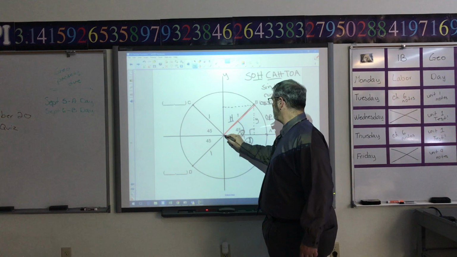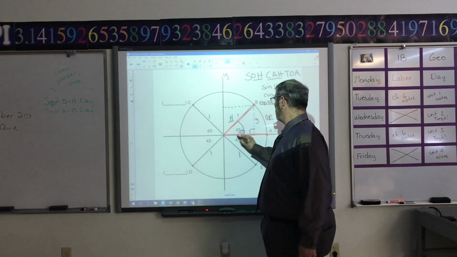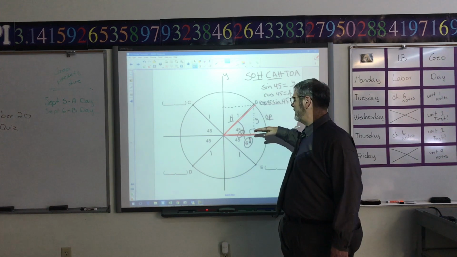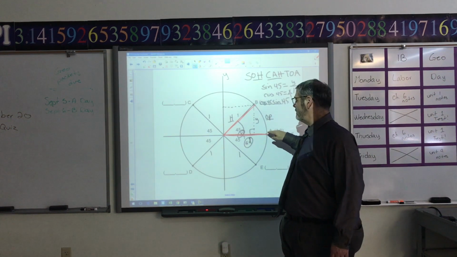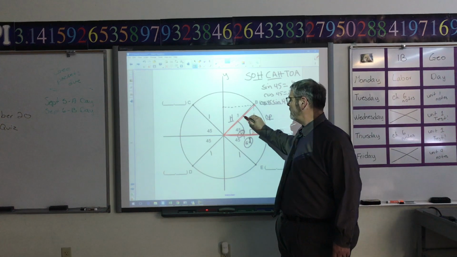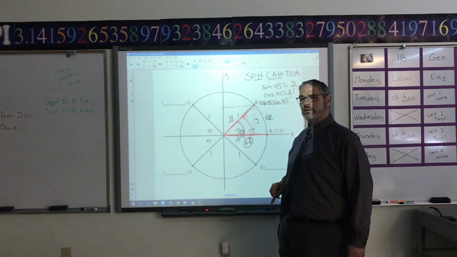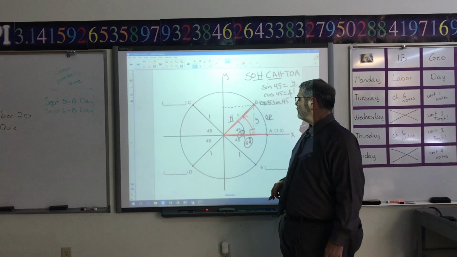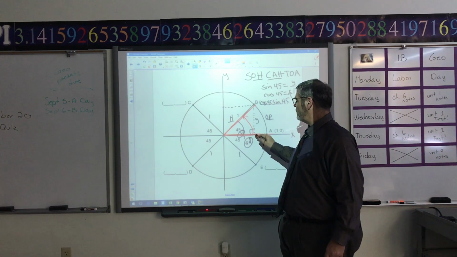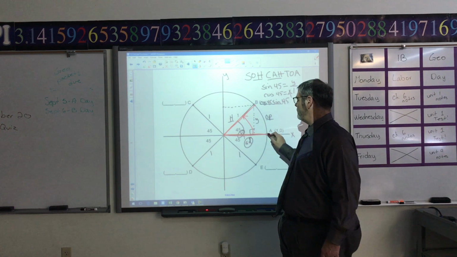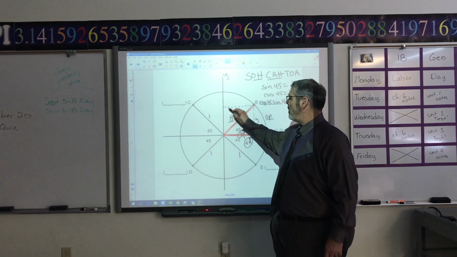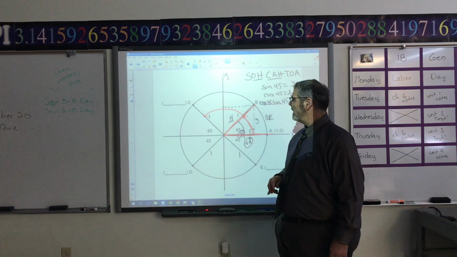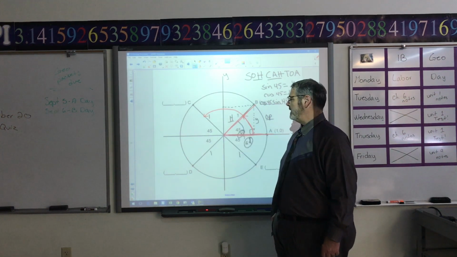Now, this angle formed from here to here is in standard position. In other words, its terminal side starts at 0 and moves counterclockwise around the circle. So, if I were to go from 0 all the way around to here, how many degrees would that be?